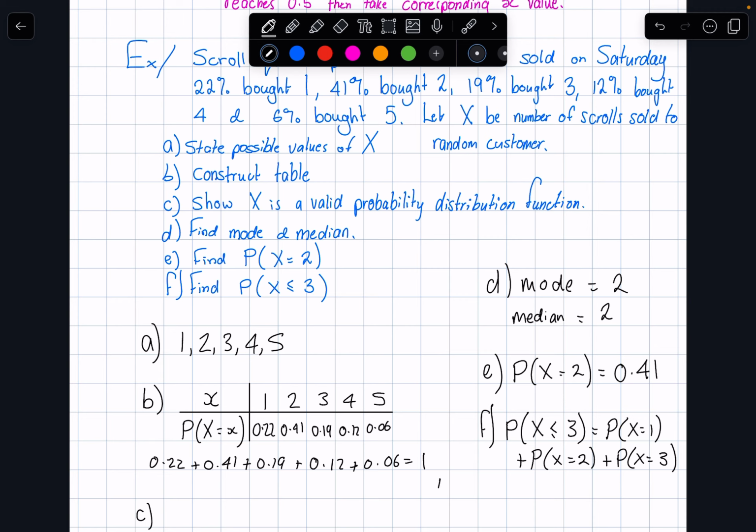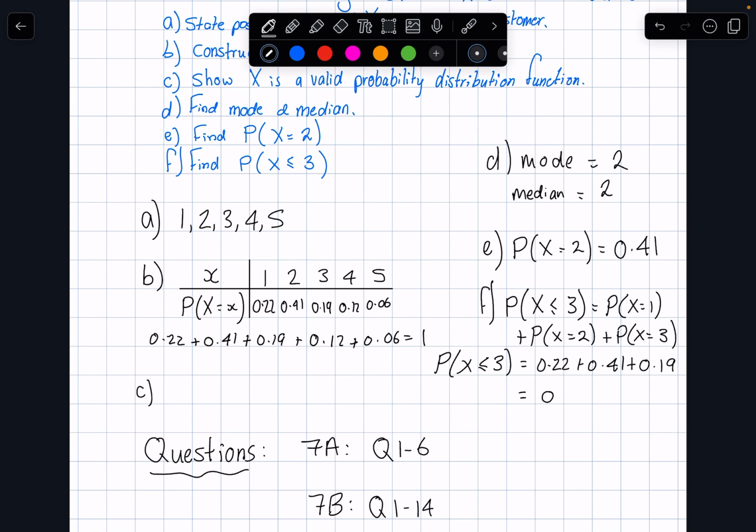So looking at that data there, we can say the probability of X being less than or equal to 3 is 0.22 plus 0.41 plus 0.19, which we said before was 0.83. So there's a 0.83 probability that someone will walk in and buy 3 or less scrolls.